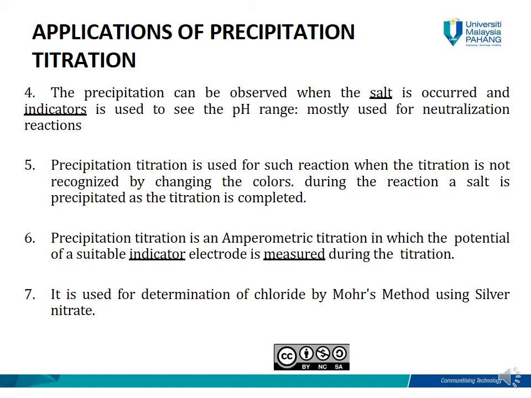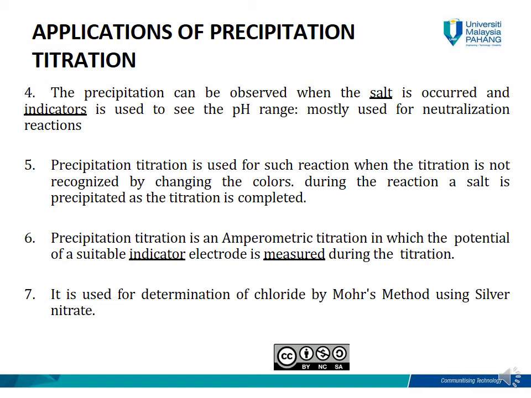And fifth is the function of precipitation titration for reactions where the titration endpoint is not recognized by a color change. Basically, when they have a problem determining the color changes, they will use precipitation titration.